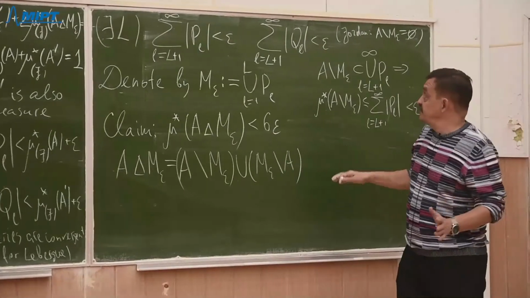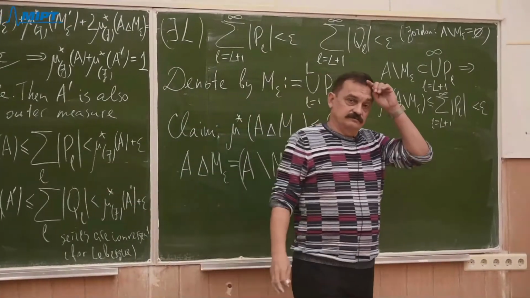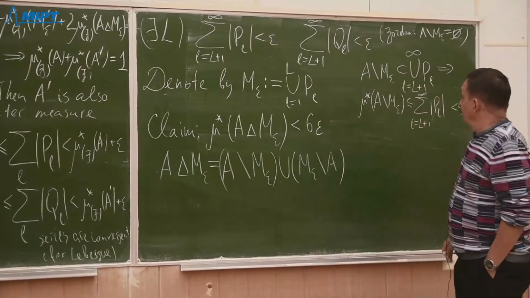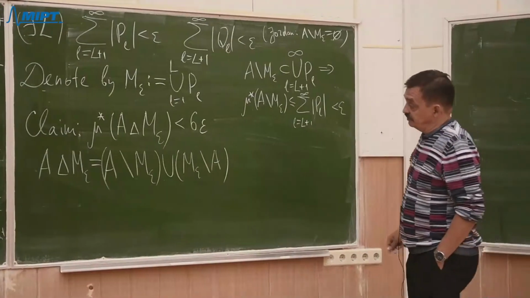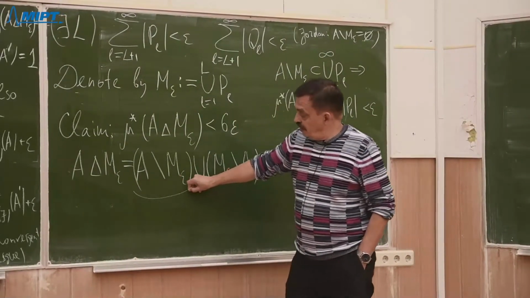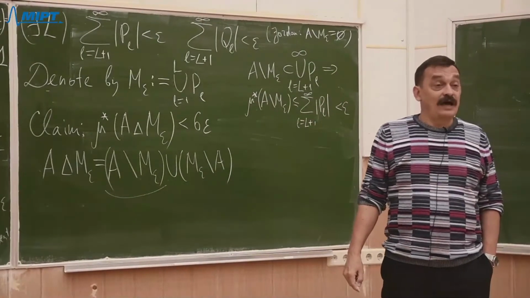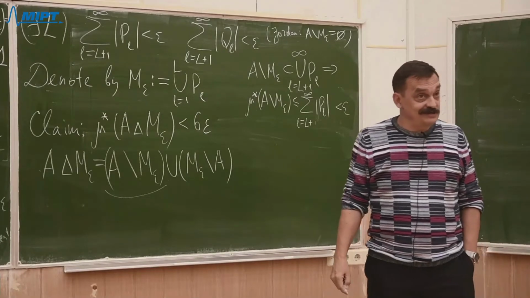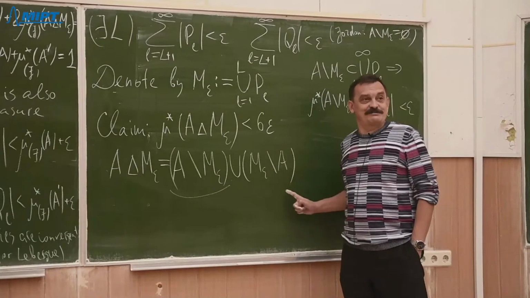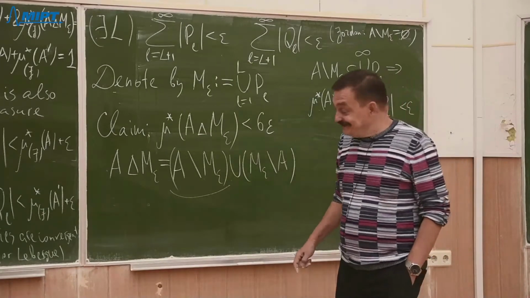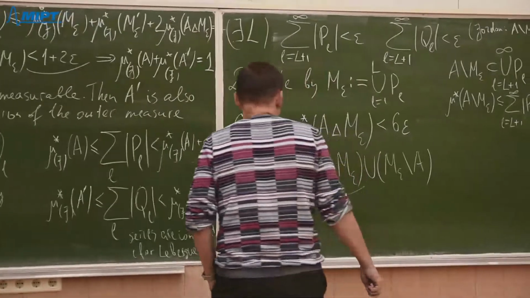For the Jordan case, M epsilon includes the whole sum. Now you see, the outer measure of the first term is less than x. So it means that we have to prove that the rest is less than 5x. And that should be done.